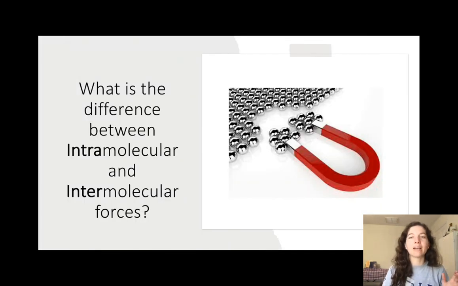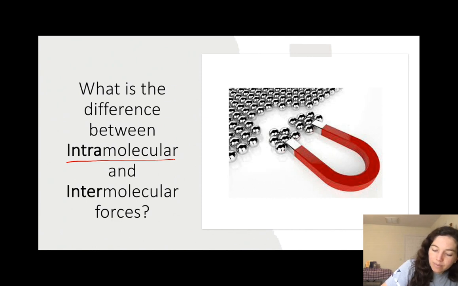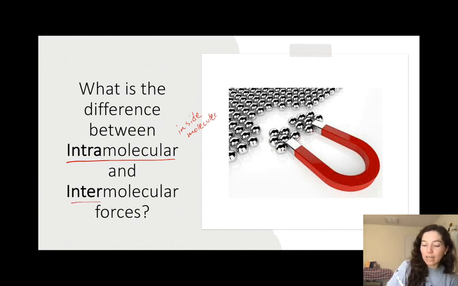All right, so now I'm going to ask you to make sure that you understand this concept. So what is the main difference between intramolecular forces and intermolecular forces? The difference we're looking for here is that intramolecular forces are inside of atoms, or inside of molecules, and intermolecular forces are between molecules.